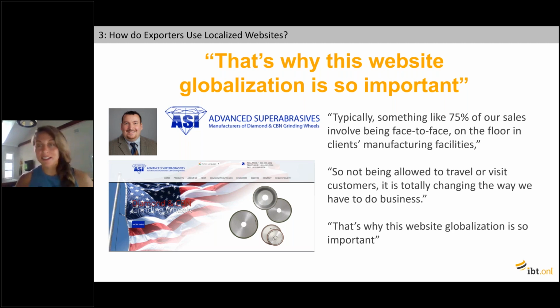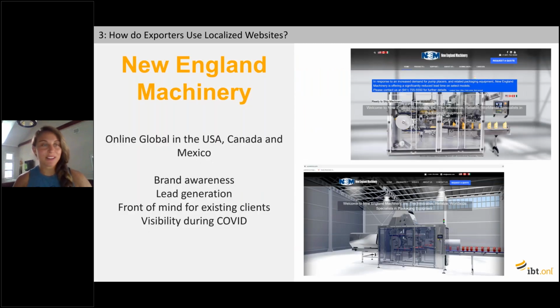Moving on to the next slide, we have a Florida company called New England Machinery. They have websites for the U.S., for Canada, and also for Mexico. They wanted to expand their business and further establish their business in those markets. So we actually localized their website for Canada and Mexico. And their main goal was to build brand awareness.